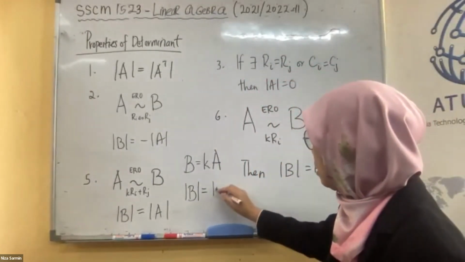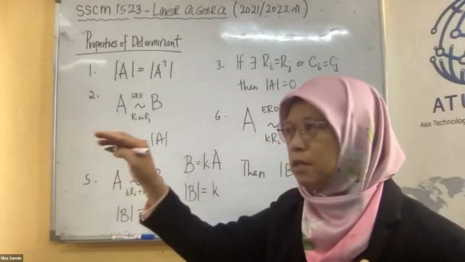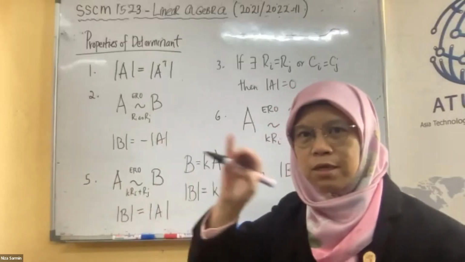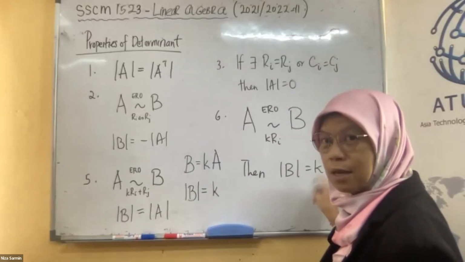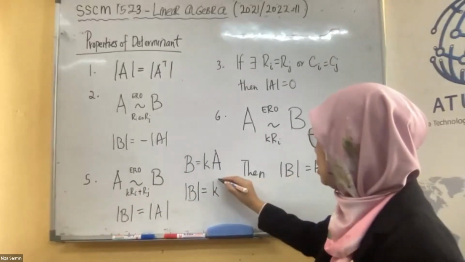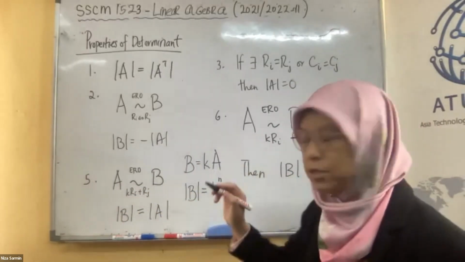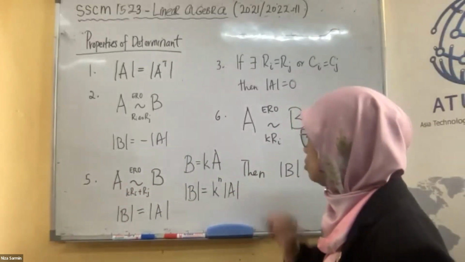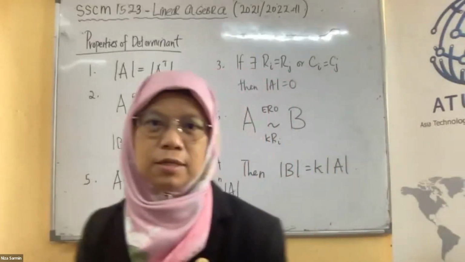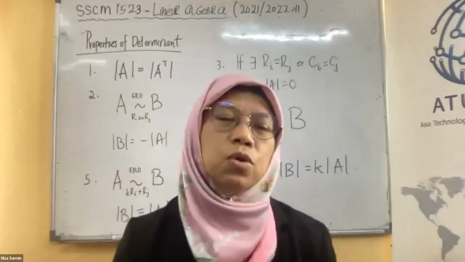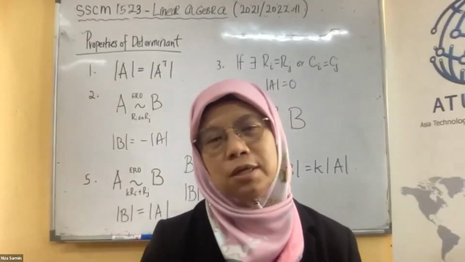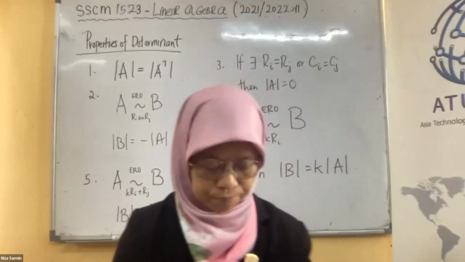It's not just one row: row 1 you multiply by K, row 2 you multiply by K, row N you multiply by K. So it's K to the N for N by N matrices, right? So be careful. It's not the same as multiplying the whole matrix by K or just one row.